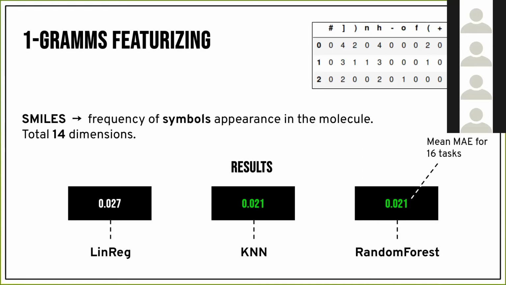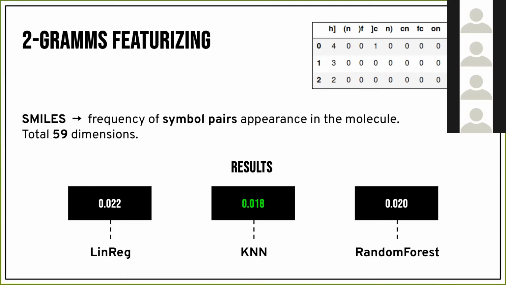So that basically means that the molecule corresponding to the first row has 4 hydrogen atoms in it. So we used some baseline simple models, linear regression, k-nearest neighbors, and random forests, and we compared all the features with these models. So linear regression doesn't have a better result. K-nearest neighbors and random forest have an acceptable result.